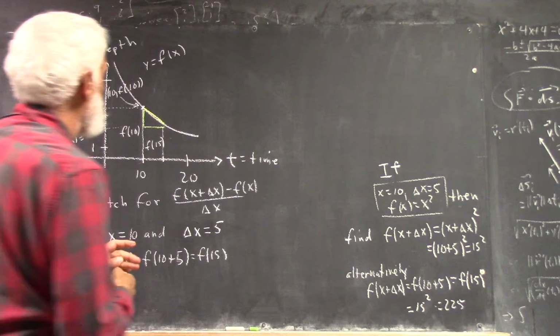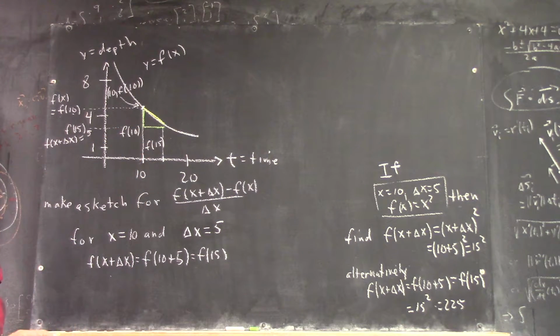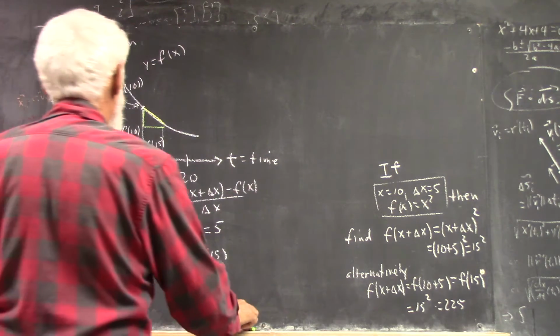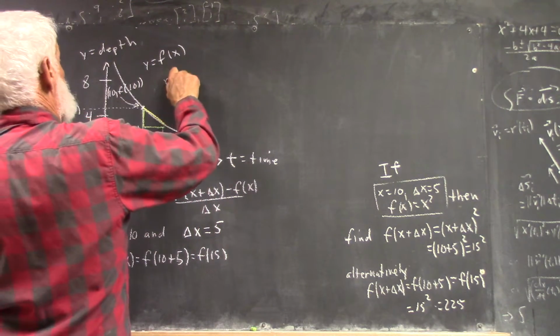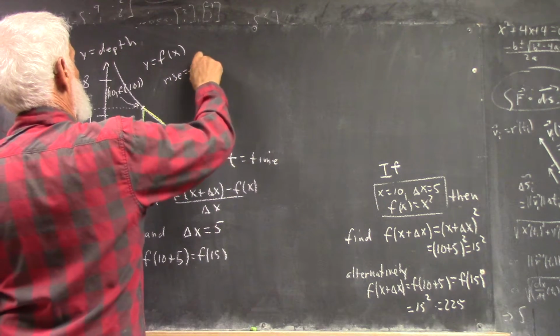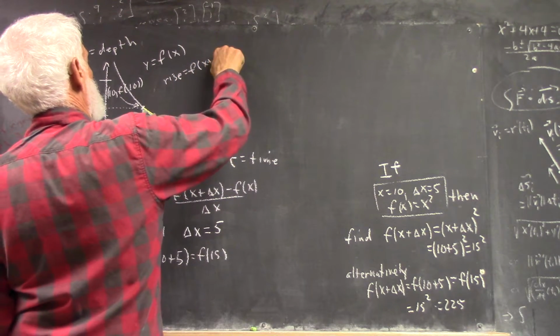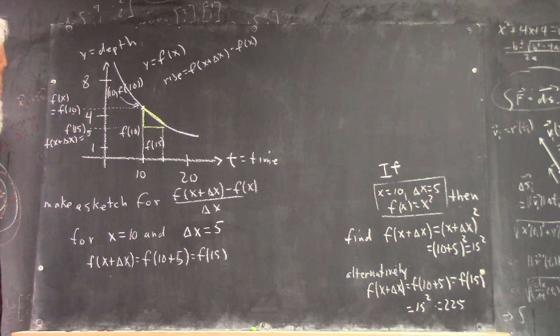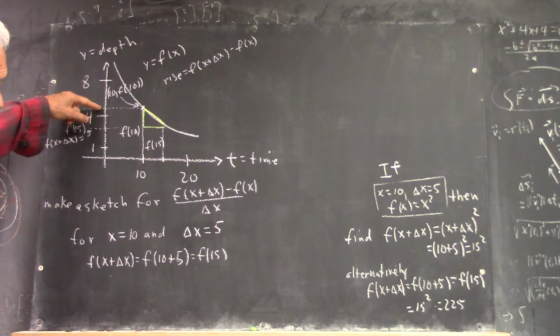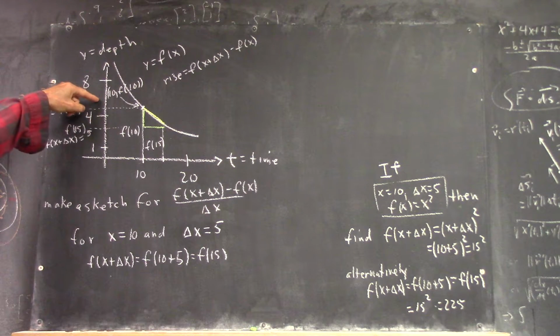Either way, we're going to get an expression for the slope, right? And again, just as it was over there, rise is f of x plus delta x minus f of x. Here's your f of x plus delta x, here's your f of x. Your rise goes from here to here, so it's this minus this.